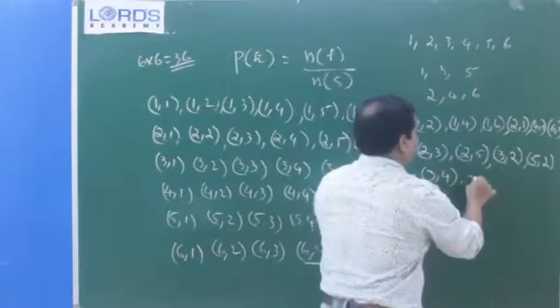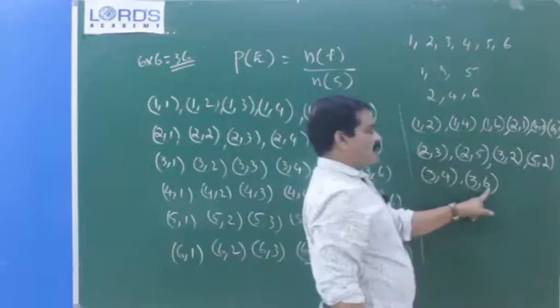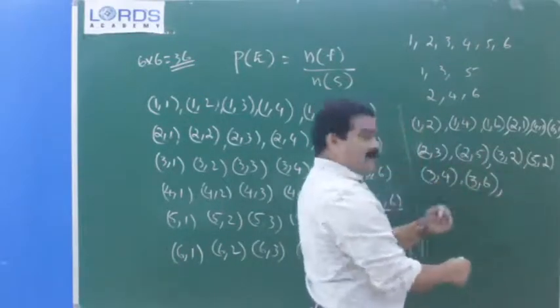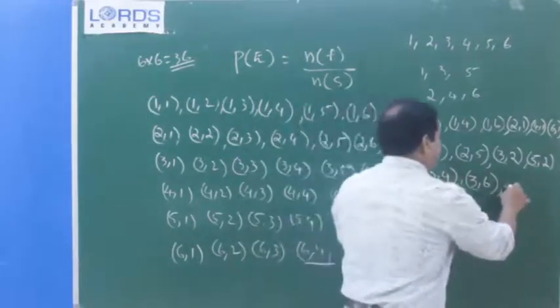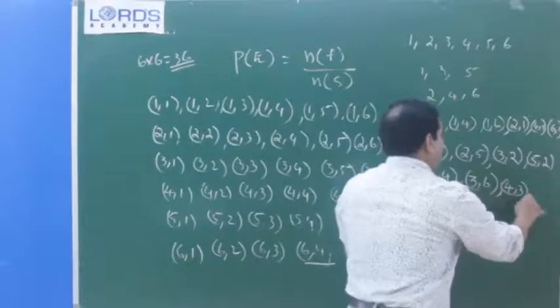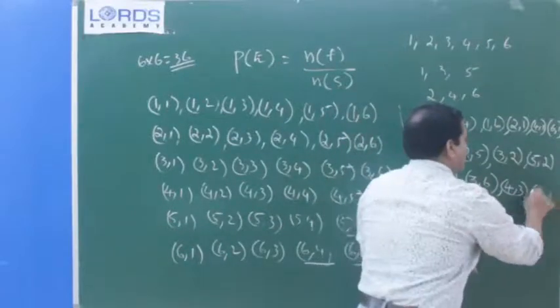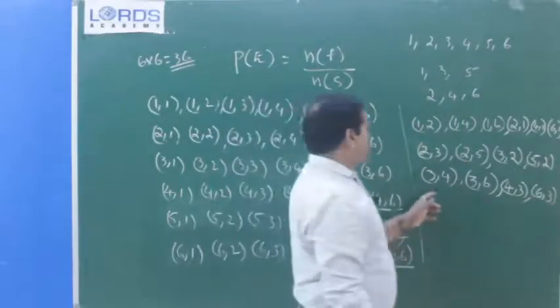Multiple of 2, odd number. Then the reverse order you can take, that is 4, 3. Then 6, 3.